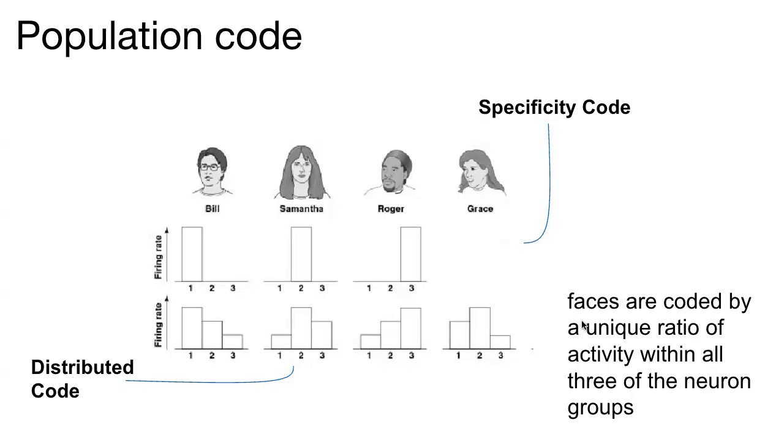There's no limit anymore because I'm using a ratio of these things. So that's how the brain can represent a lot of different concepts and entities, because it's using a ratio of a lot of different activities in order to represent.